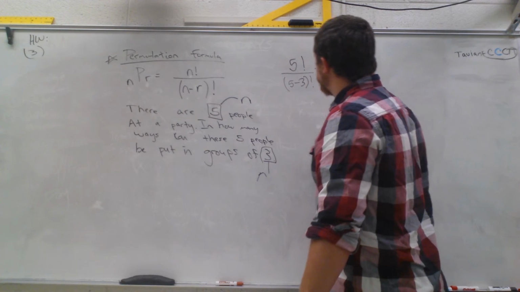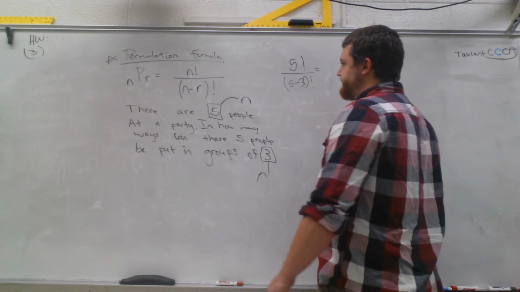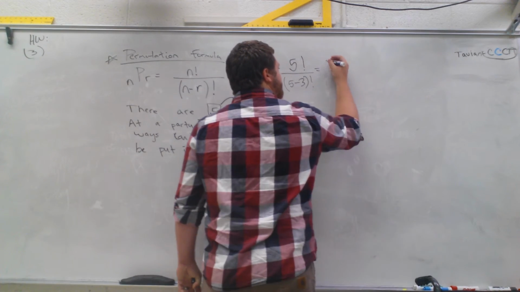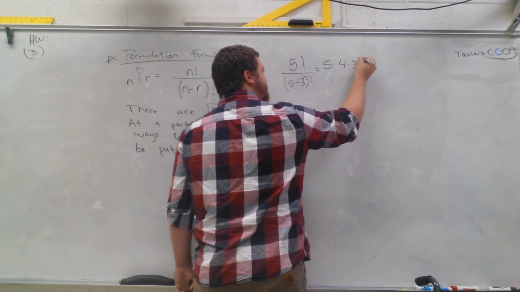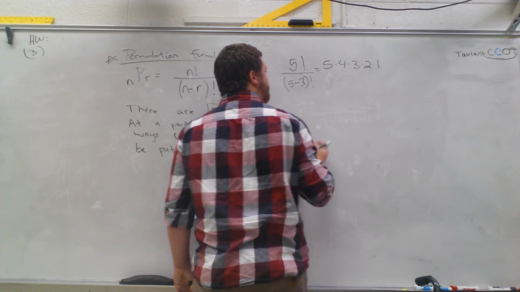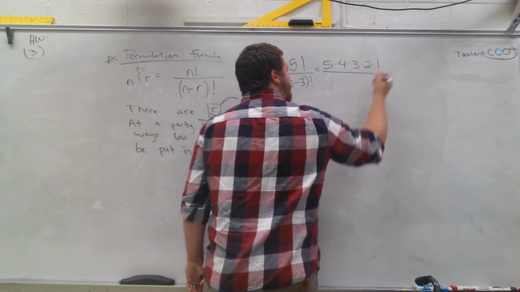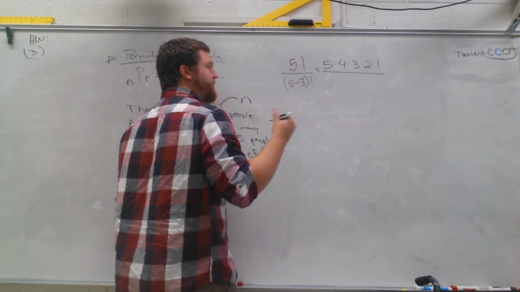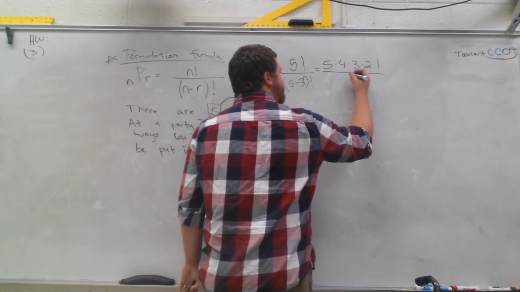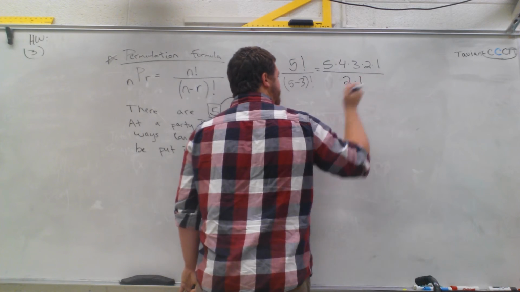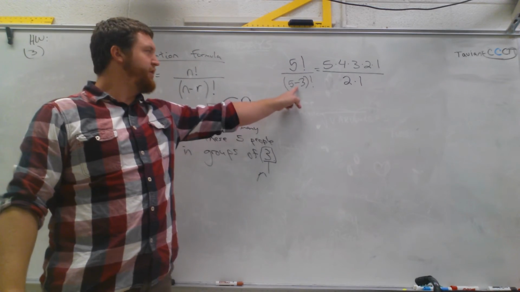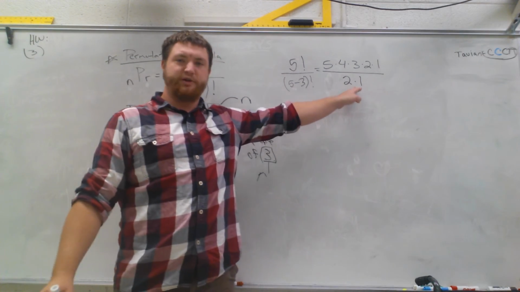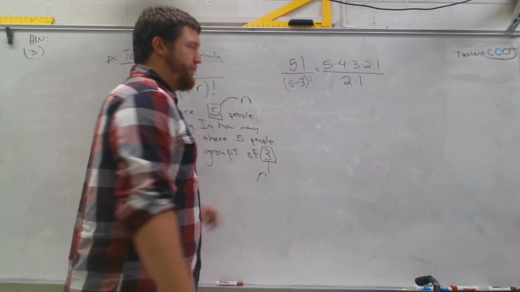So if I write this out, what does 5 factorial mean? It means 5 times 4 times 3 times 2 times 1. Then what does 5 minus 3 equal? 2. And I'm doing 2 factorial, so I do 2 times 1. Now, this is what's cool.